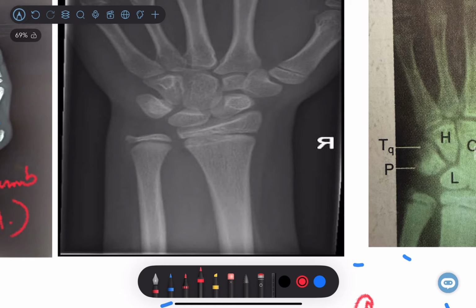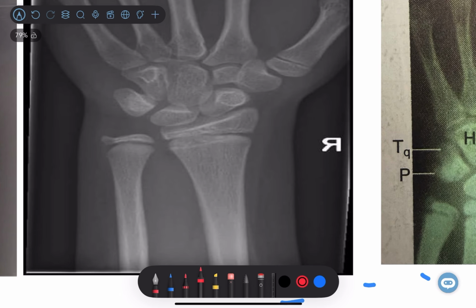Coming on to the next X-ray, here we can see capitate, hamate, this is the hook of the hamate, triquetral, lunate, scaphoid, trapezium, trapezoid. Please remember that scaphoid, trapezium, trapezoid are all at the side of the thumb. Lower end of radius has appeared, more than 2 years. 7 carpal bones have appeared, more than 4 to 5 years.